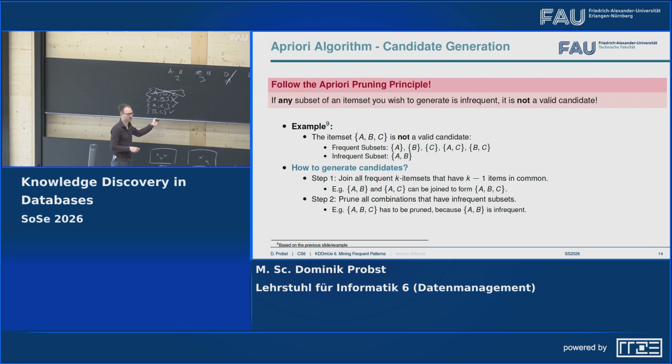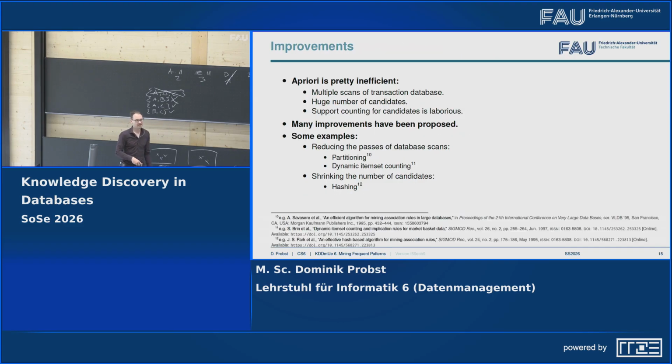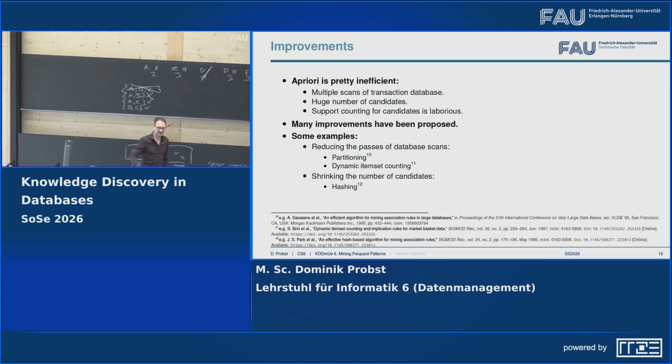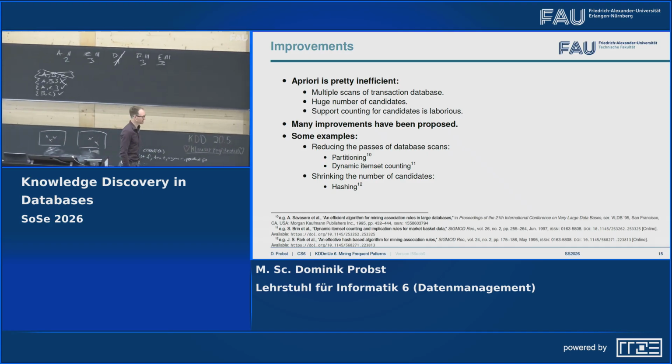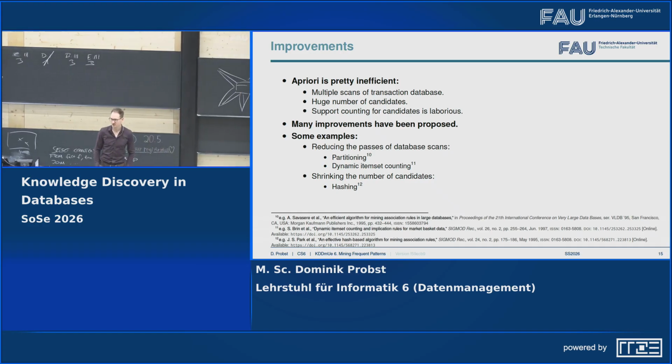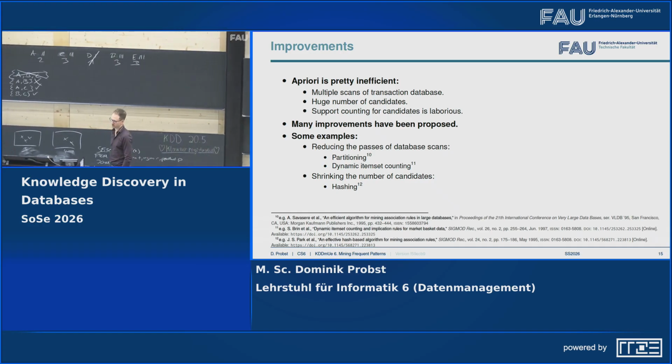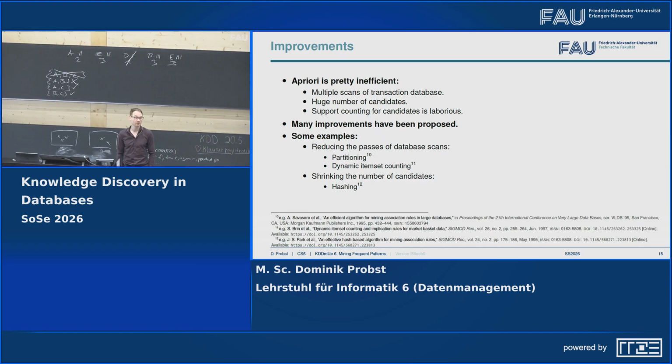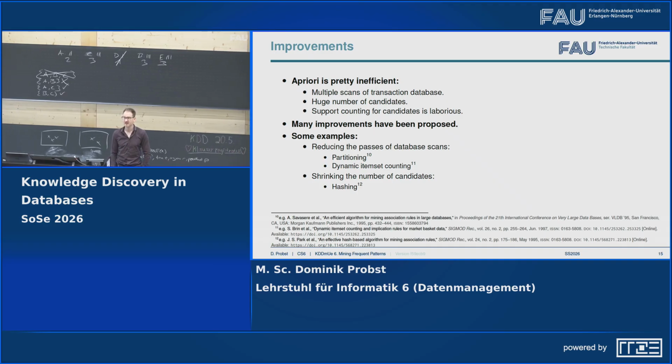There are some more sophisticated solutions to that, but you can use them, but you do not have to use them. A priori is more efficient than counting every possible combination, but it's still very inefficient. Why? Because we have to go over the original database multiple times.